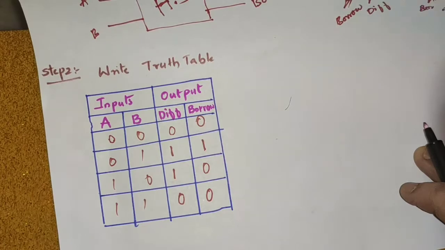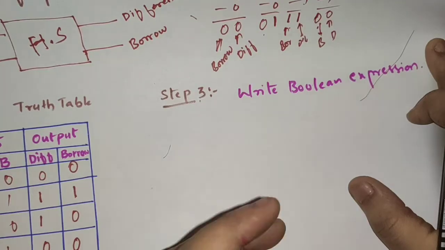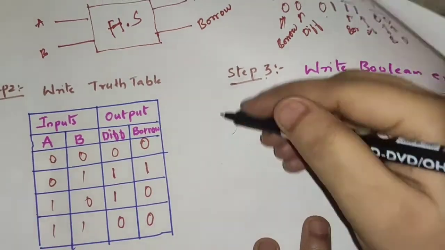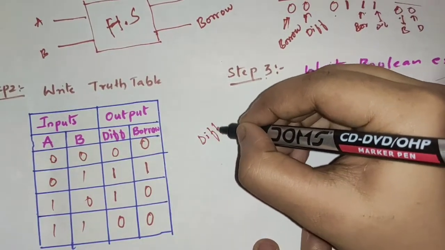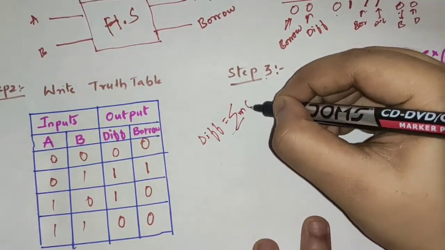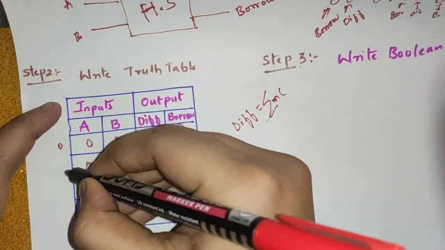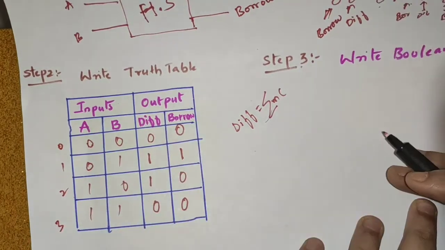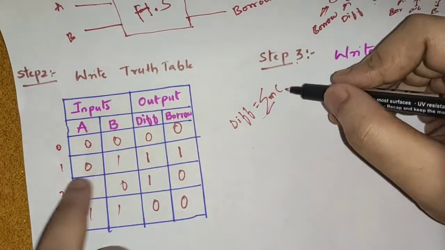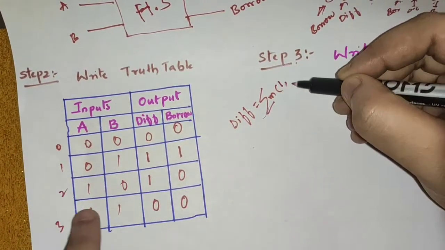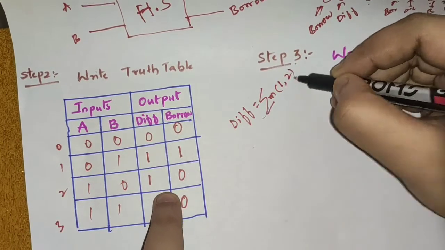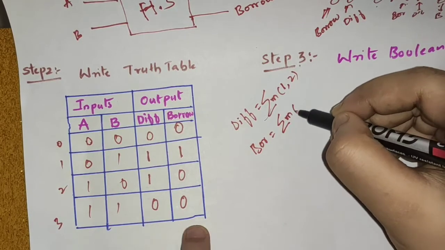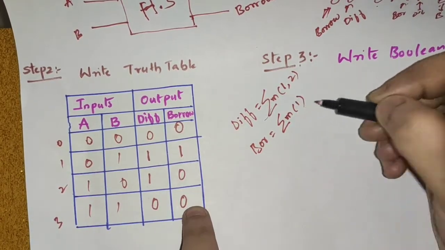Step 2 is finished. Now coming to step 3, writing the boolean expression from the truth table. Difference is equal to the sum of minterms 0 1 2 3, right? So difference is the sum of minterms 1 and 2, and borrow is just the sum of minterm 1.